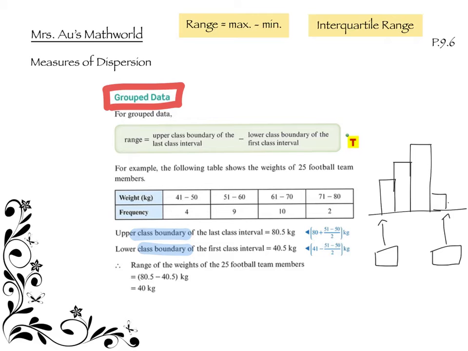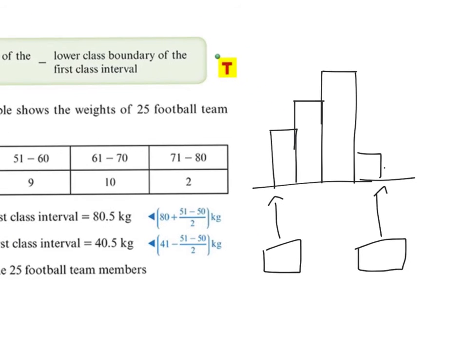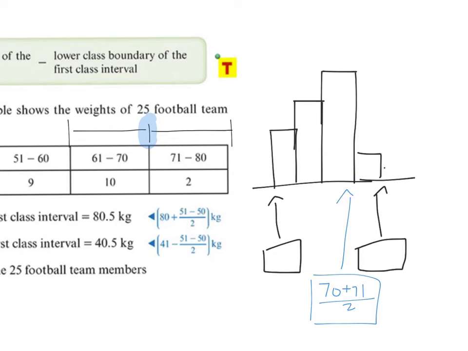That means we get the value representing the box. But for the box, it is not 71 to 80. Do you still remember how to find the class boundary, for example the middle one? The way is to get the sum of them: 70 plus 71 divided by 2, and you will get 70.5 kg.